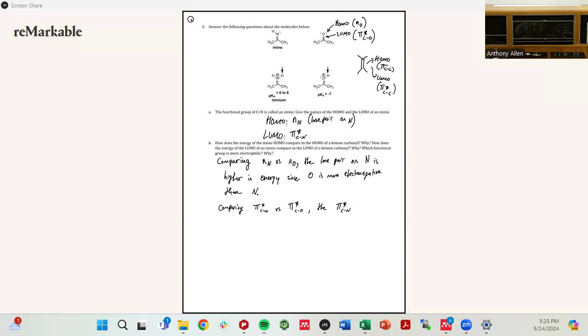And so if you're going to form a bond, CN versus CO, the bonds that carbon forms with nitrogen have to be what? Higher in energy. That's going to be systematic, basically, for all of the different orbitals. So the LUMO pi star CN should be also higher.